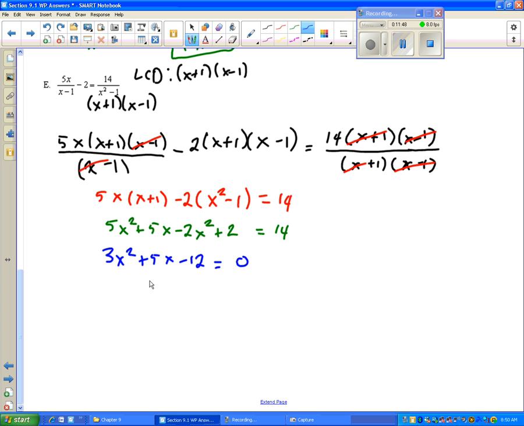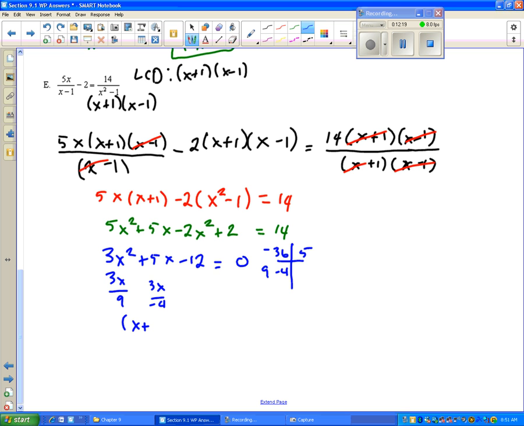Let me go ahead and factor this. What multiplies to be negative 36 and adds to be 5? I am coming up with 9 and negative 4. So then this is 3x over 9, and then this is going to be 3x over negative 4.